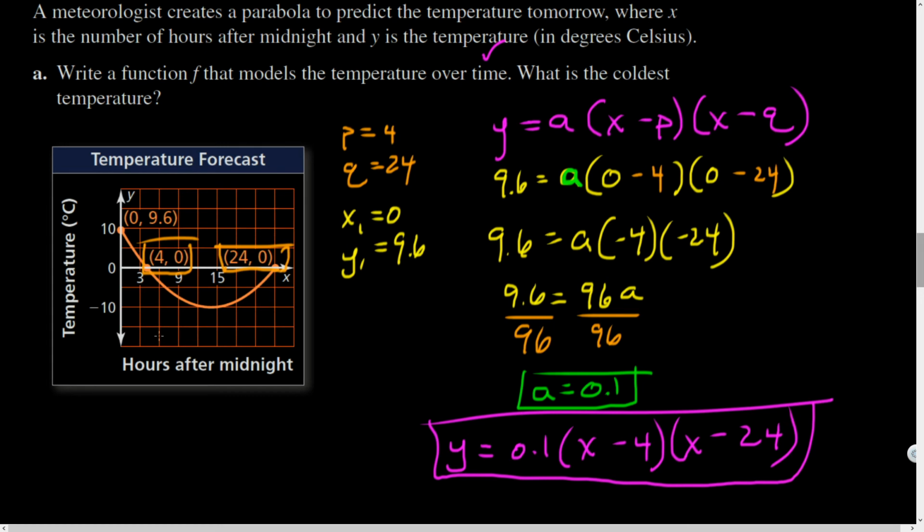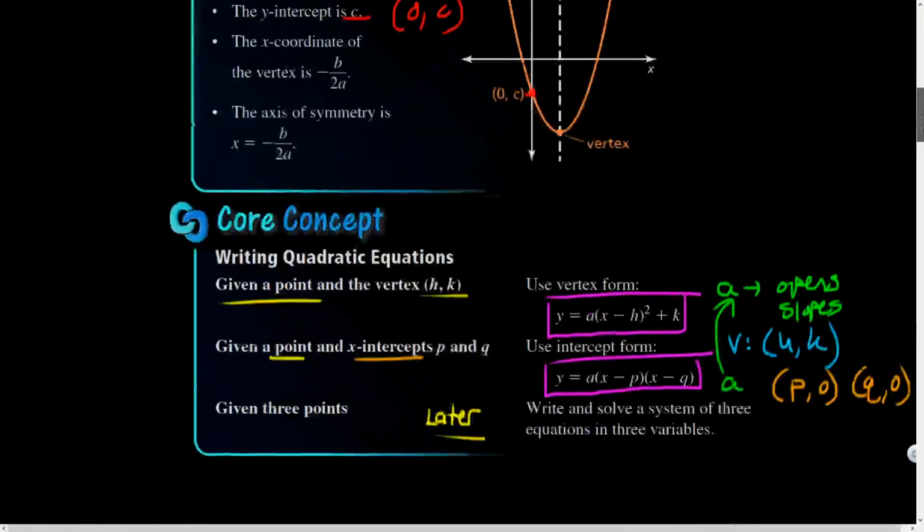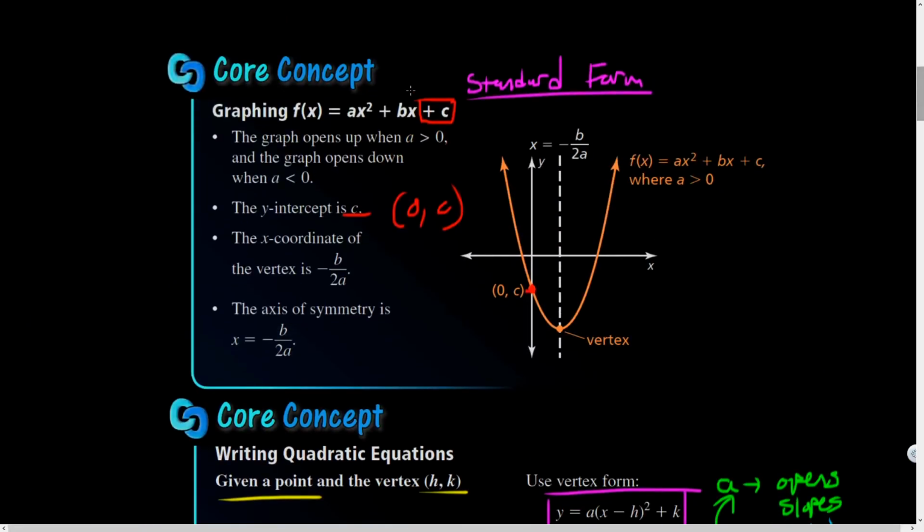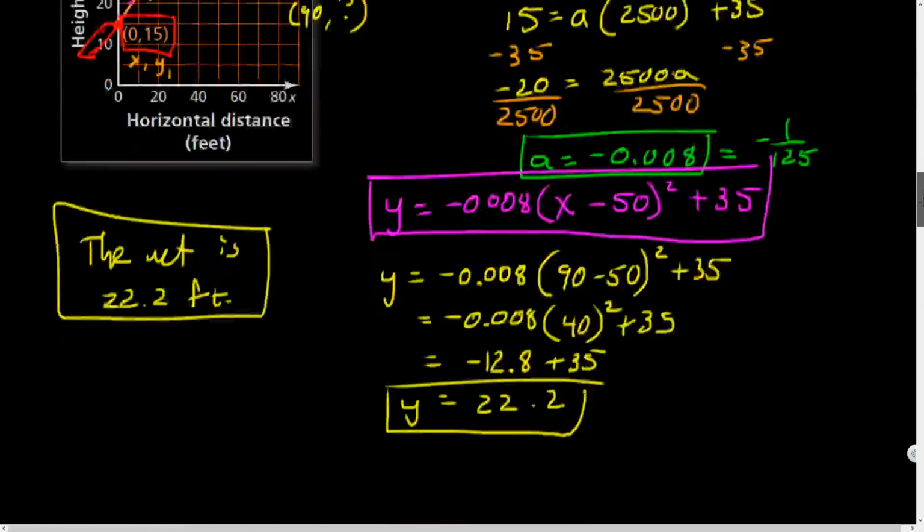Now, when I hear the word coldest or hottest or whatever, I'm thinking that's a minimum. And minimum means vertex. And so we've got to figure out the vertex here. Actually, there's a few different ways we could do this. I could technically FOIL or double distribute this out, get it into standard form, and then do negative b over 2a and plug that in for my equation.